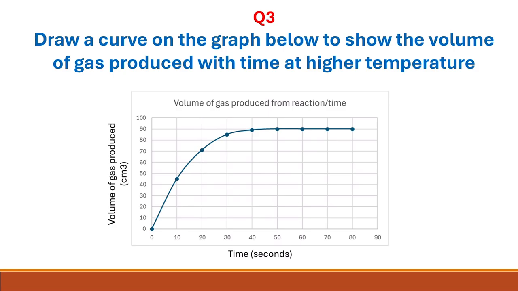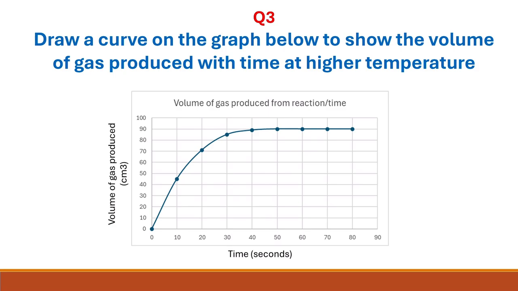Question 3. Draw a curve on the graph below to show the volume of gas produced with time at higher temperature. For this reaction, if we increase the temperature, the rate of the reaction will increase, but this will not affect the maximum volume of gas that will be produced because we are using the same quantities of the reactants.